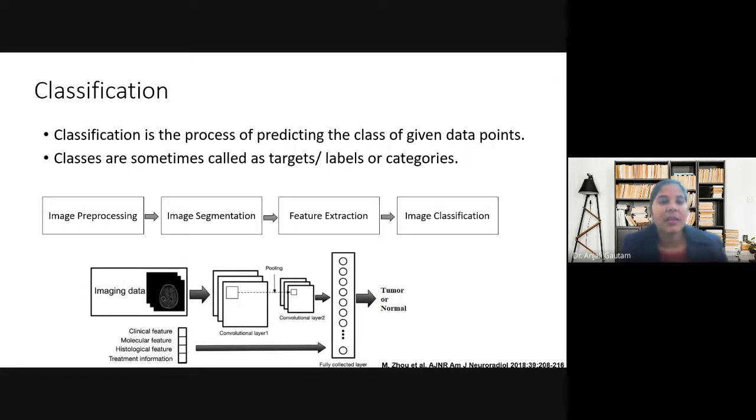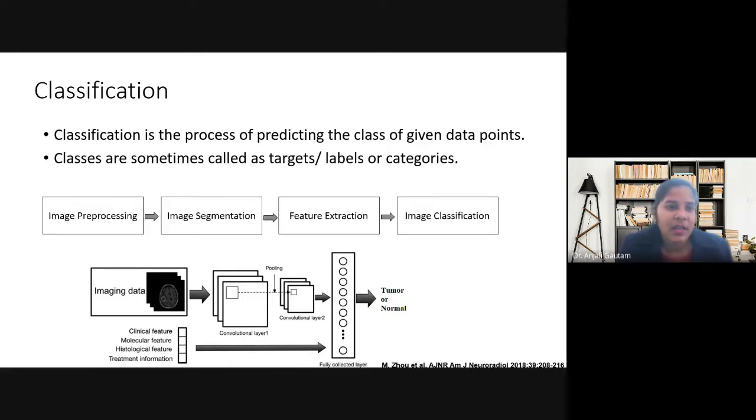Earlier, in the case of classification, people used to take the image, let's say this brain image, and perform some pre-processing operations on it, for example image enhancement, increasing or decreasing the contrast of an image. After that they can apply image segmentation.